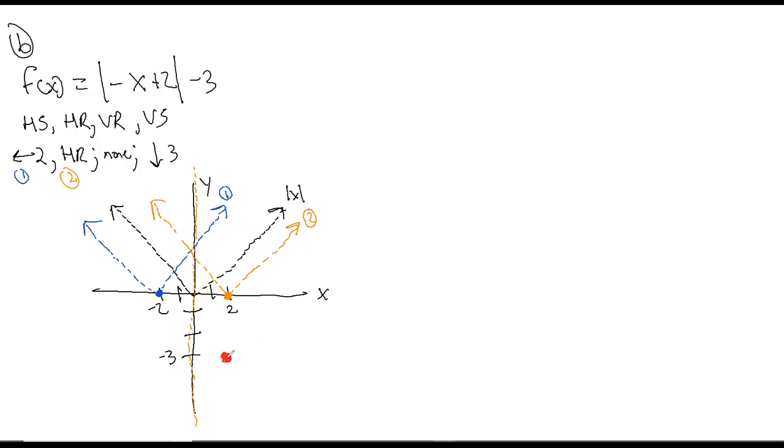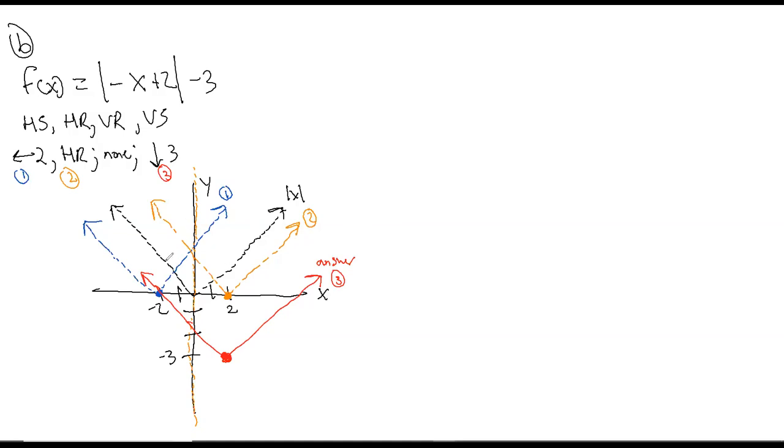And then we draw our V from there. Again, this thing is still pointing up. We never reflected vertically. So this is our answer, or step 3, if you will.